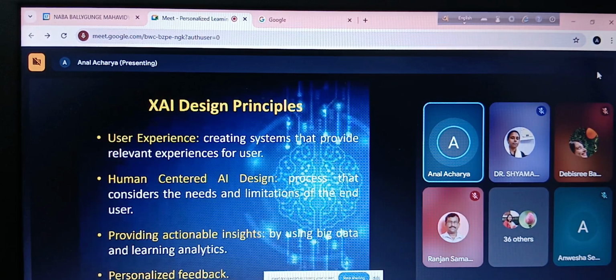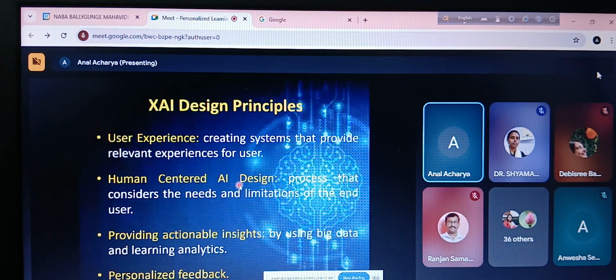Some of the XAI design principles should be based upon the user experience. That means the user who is using it, right? He or she should be able to create a system which others should be able to understand. Okay, right?